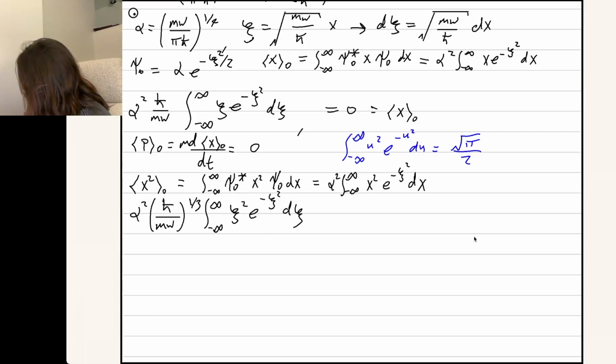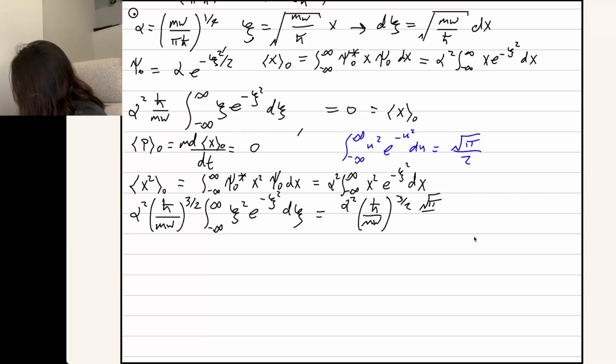Root pi over 2. So this is looking like alpha squared h bar over m omega. It's not 1/3 though. I don't know why I said that, because it's 3 halves, because it's 3 radicals multiplied by each other. And this is root pi over 2. I'm going to expand the definition of alpha. So alpha squared will be the square root of m omega over pi h bar.